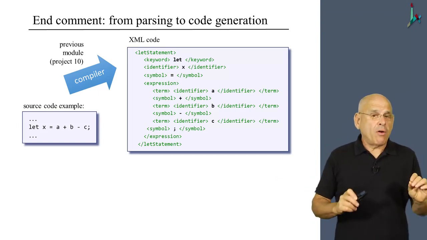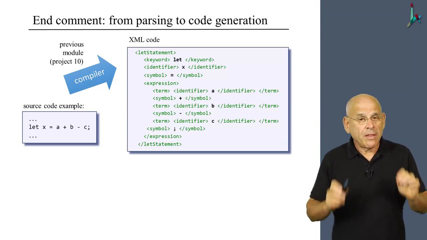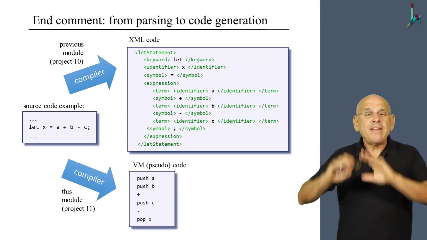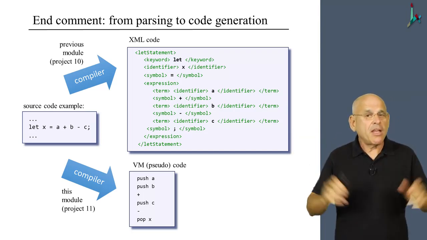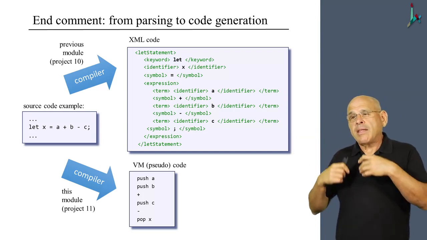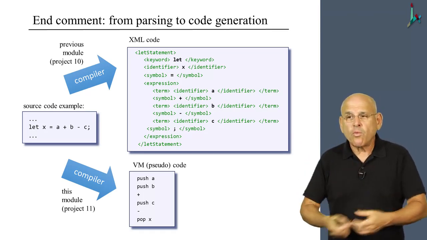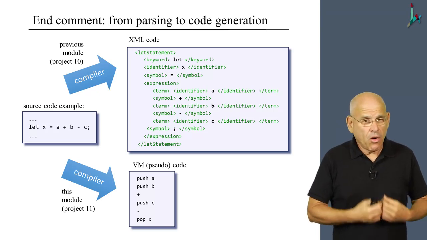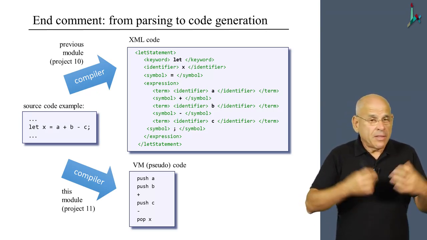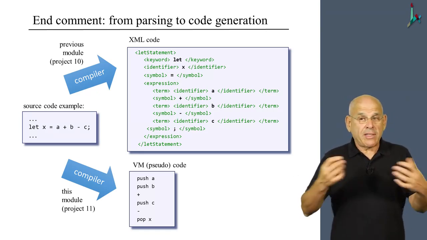But in the current project, we do something quite different. We generate none of the XML that you see here. This XML is completely irrelevant now. And instead of generating it, we generate actual executable VM code. Now, a great deal of the program that you wrote before is applicable.